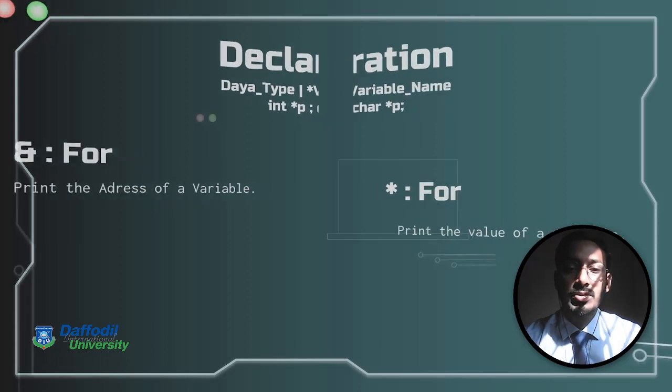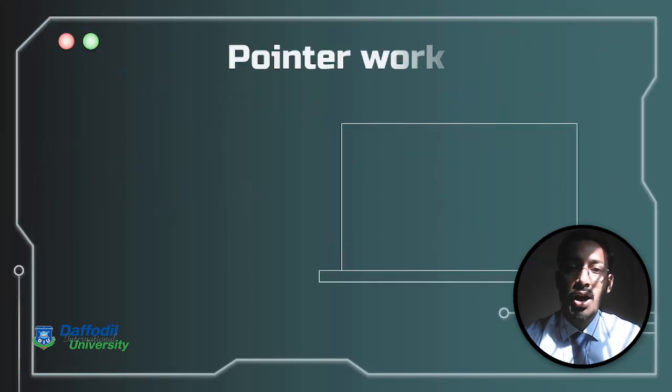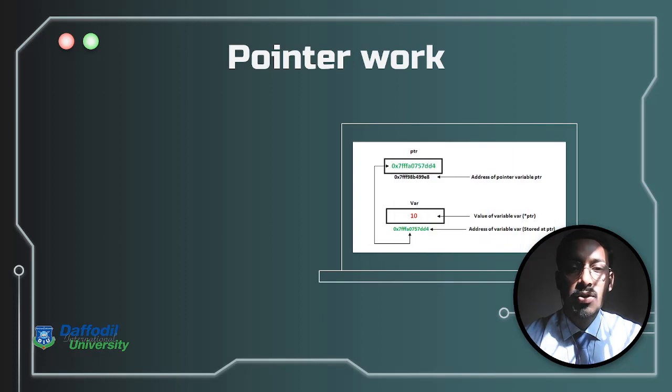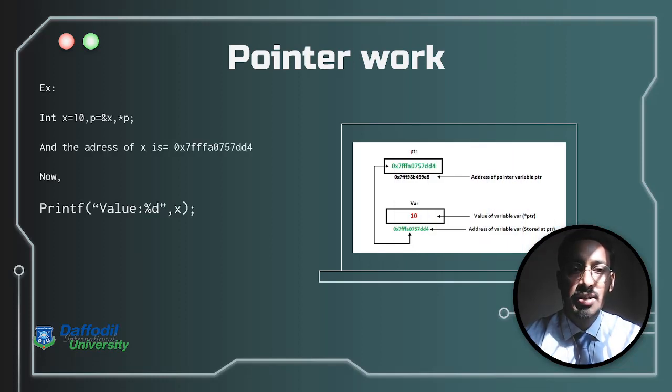Now we are going to talk about how a pointer works. We can see here an example. Suppose I declare int x is equal to 10 and p is equal to address of x, and star p, and the address of x is 0x7FFFA0757DD4.